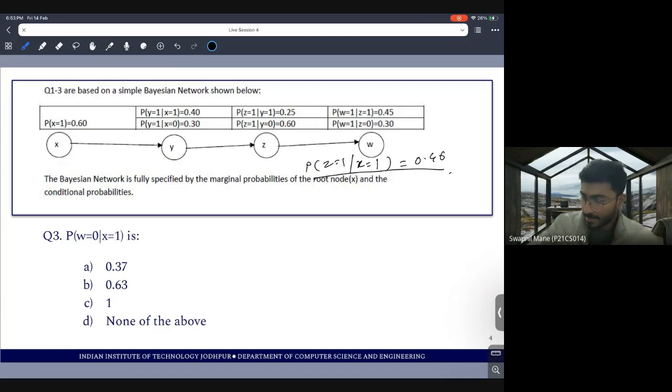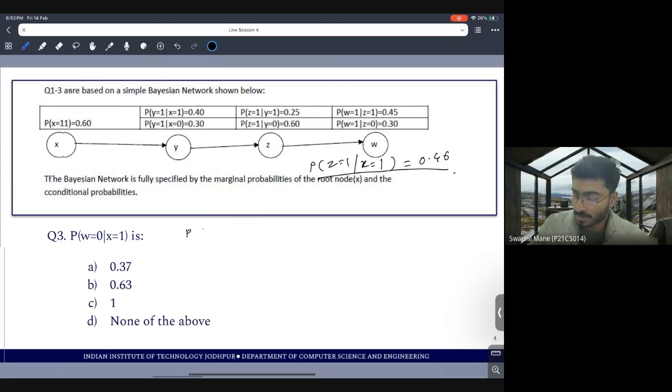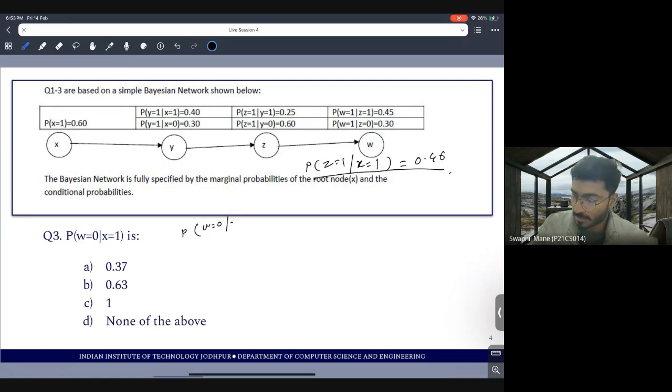Okay, I will give some hint here. Like the previous example we have solved, we need the probability of w is equal to 0 given that x is equal to 1. Consider the two things: we require the probability of w is equal to 0 as well as x is equal to 1. For w is equal to 0, we consider the probability of w is equal to 0 given z is equal to 1, that is the previous node, into that.